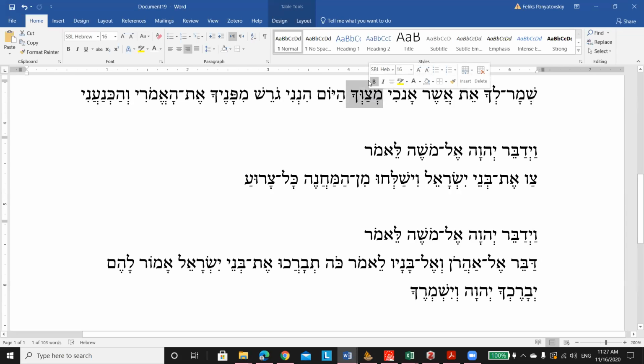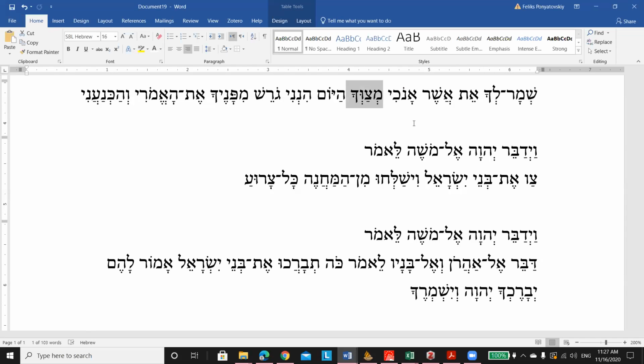So let's try to understand what binyan this is and what aspect this is. The root is Tzava. Okay. If you have this mem, it is Pual.